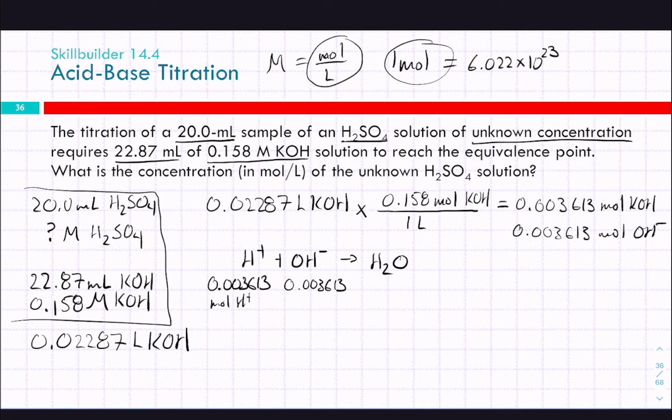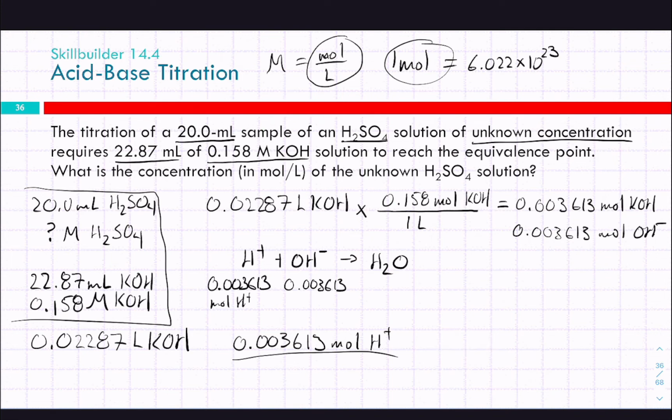So if we have this many moles of H plus, and every H2SO4 has 2 of them, how many moles of H2SO4 produced this many moles of hydrogen? Would you multiply by 2? Divide by 2.